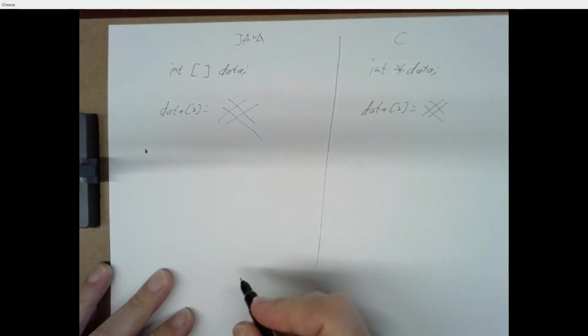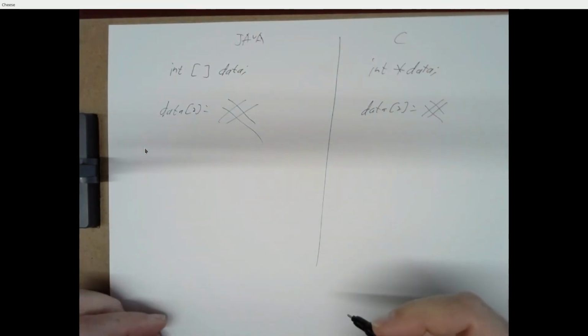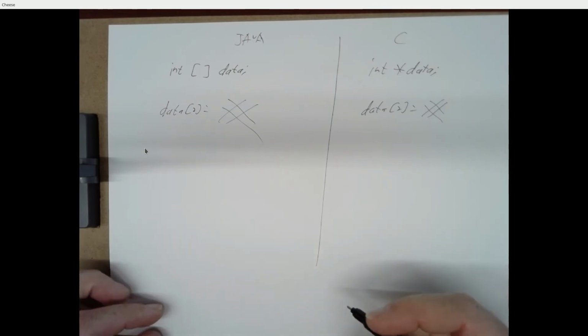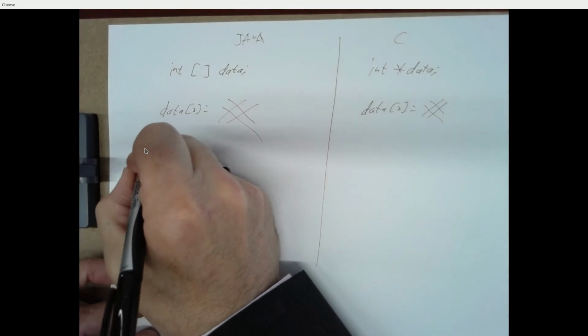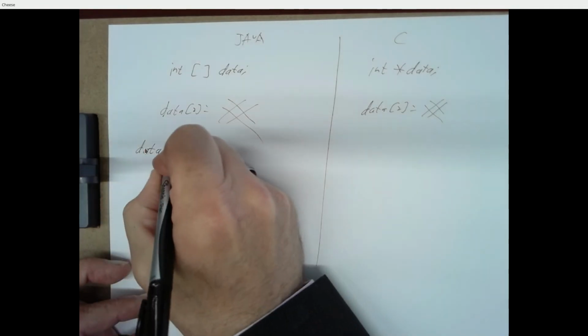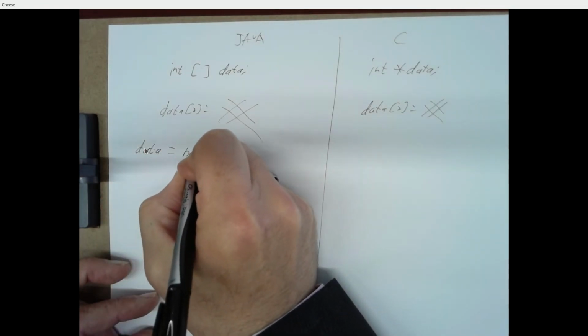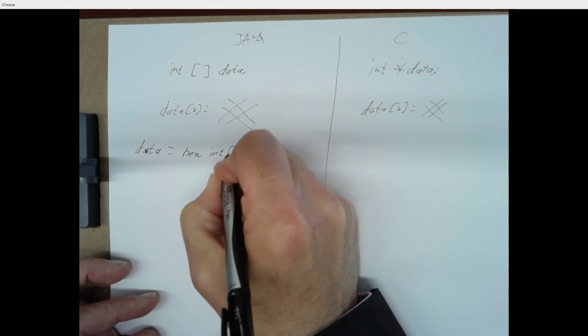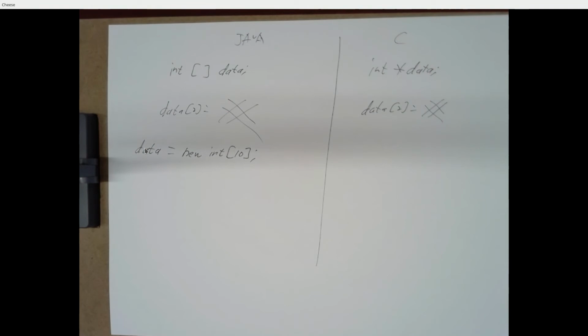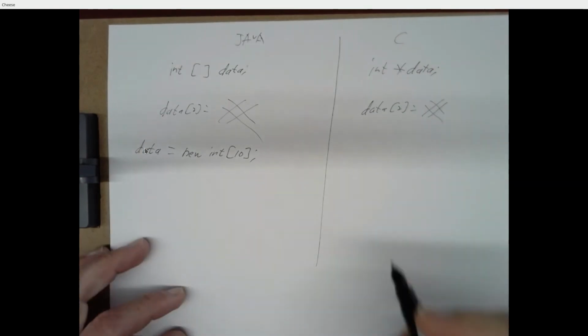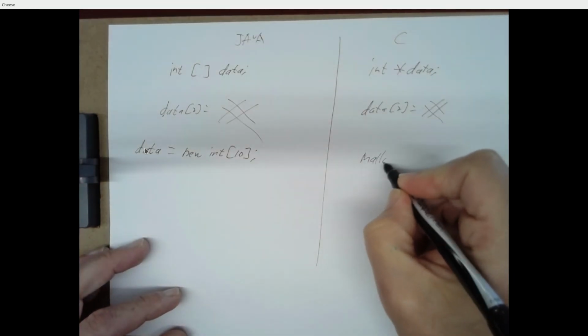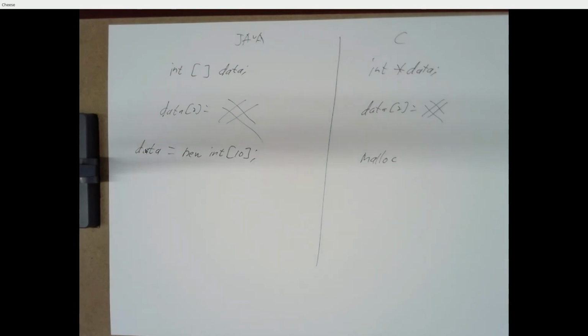So before we can do this, we need to make data actually point to a chunk of memory that can hold integers. And so we use the new statement. We might say something like this: data equals new integer bracket 10. That's what we used to use malloc for.